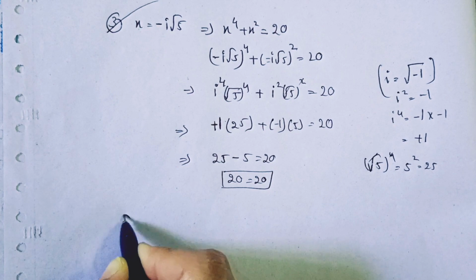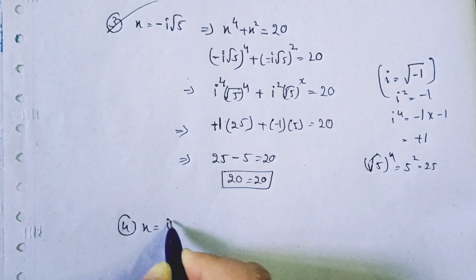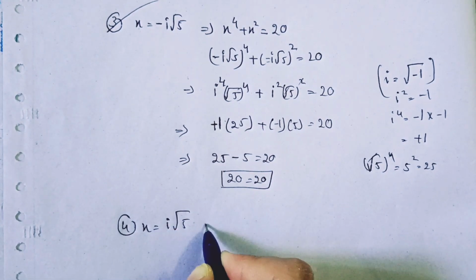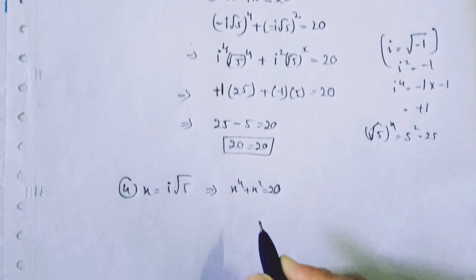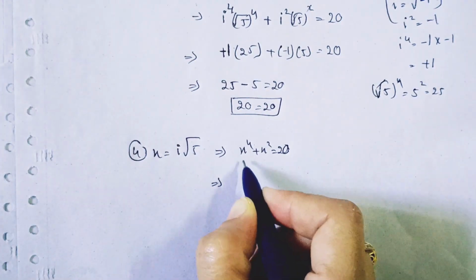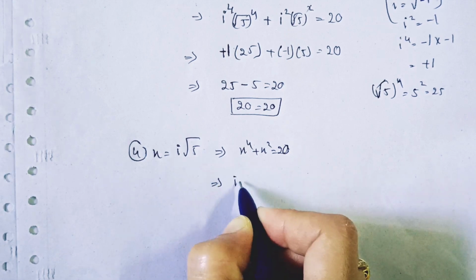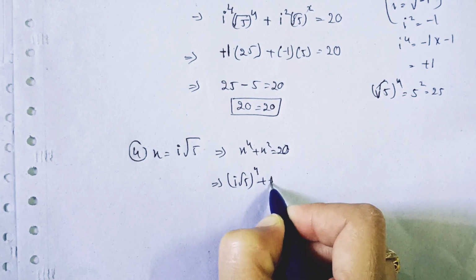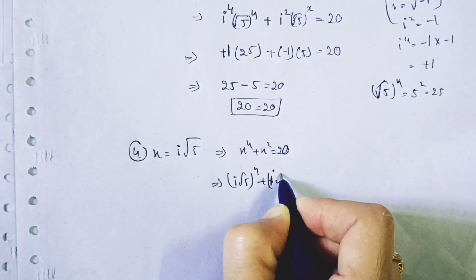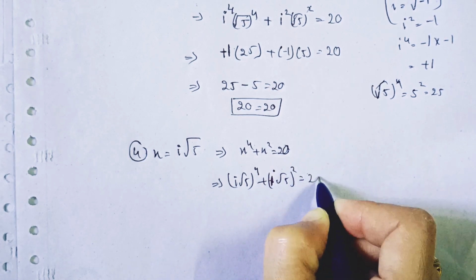The last value is x equal to i root 5, the positive value. x to the power 4 plus x squared equal to 20. In the place of x we put (i root 5) to the power 4 plus (i root 5) squared equal to 20.